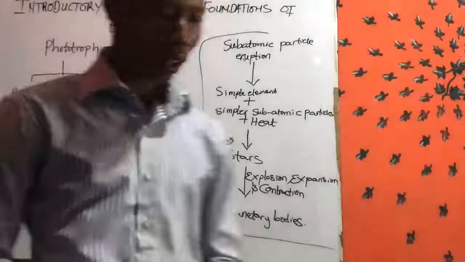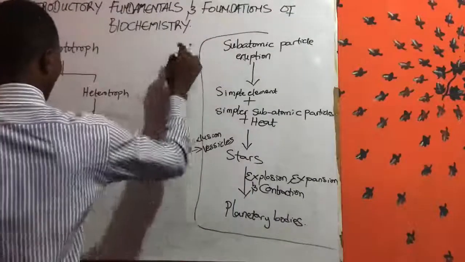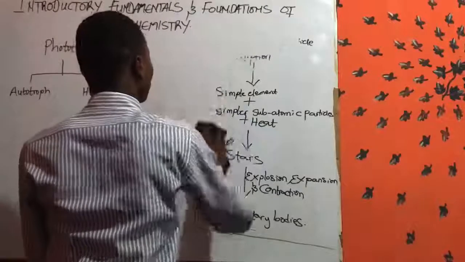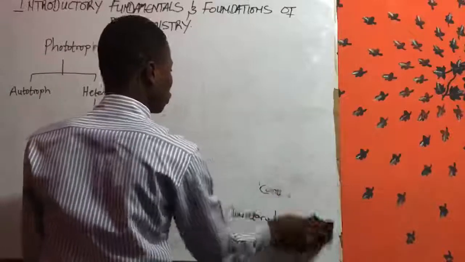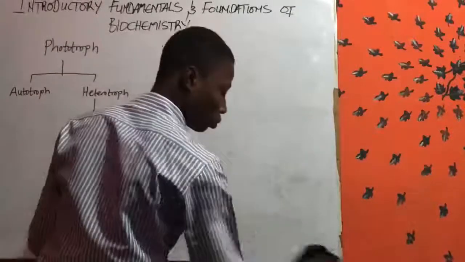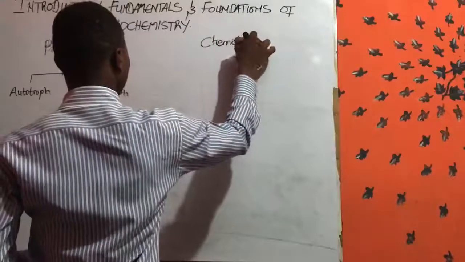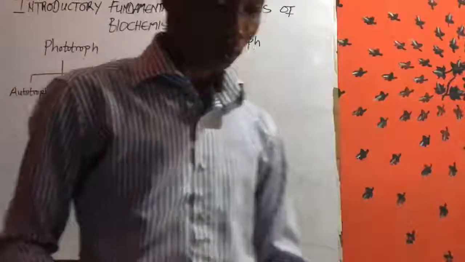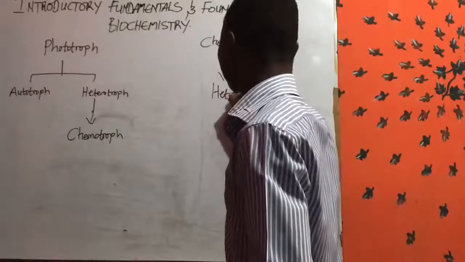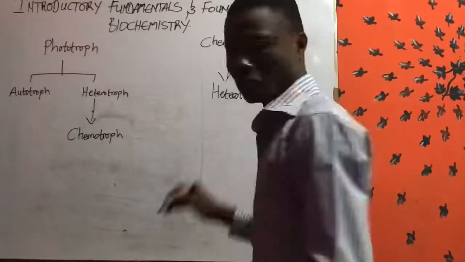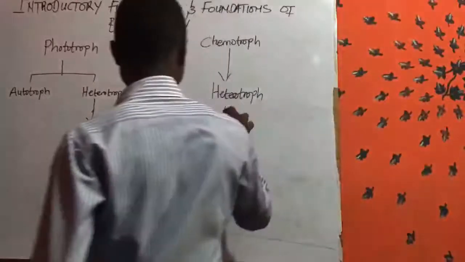Whereas my chemotroph can always be a heterotroph. Now, my heterotroph can either be lithotrophs or organotrophs.